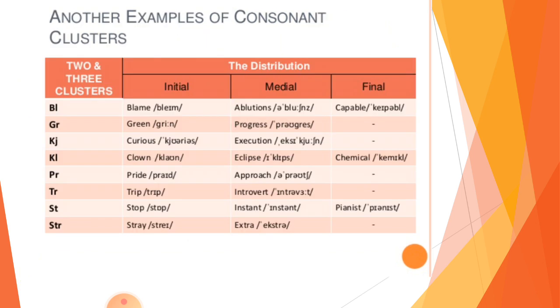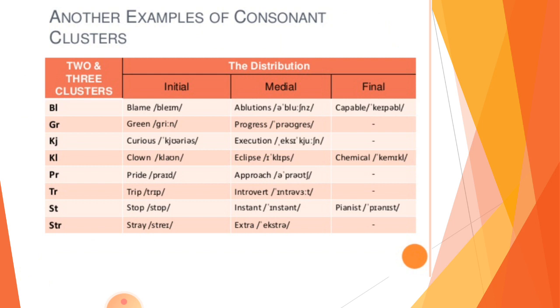Now here you can see other examples of consonant clusters. Here there are three: initial, medial and final, with two and three consonant clusters. Examples: blame, clown, pride, trip, stop, stray.